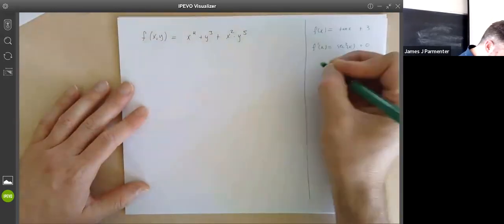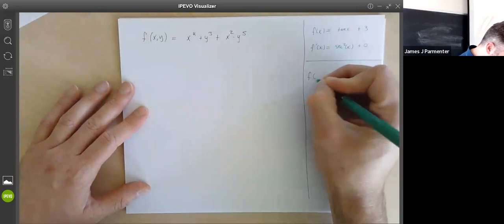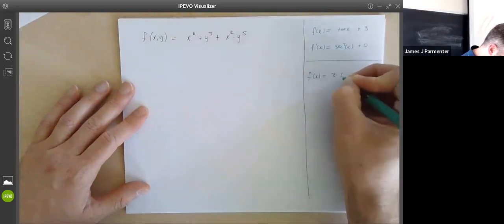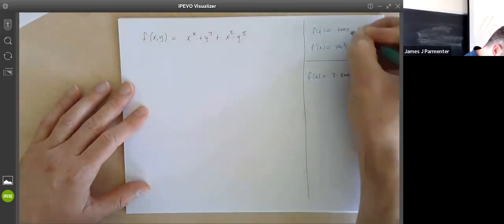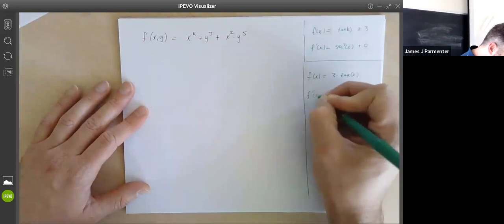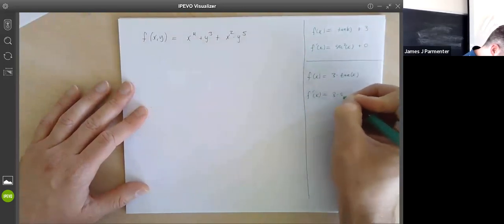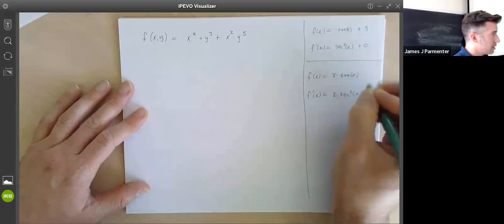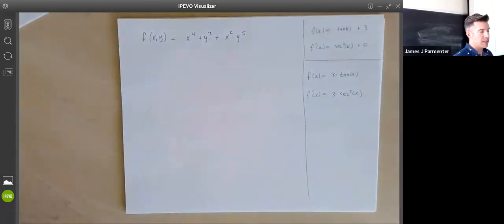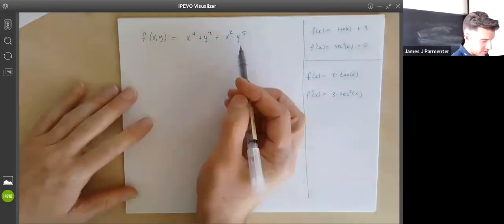On the other hand, if my function were 3 times tangent of x, the derivative would be 3 times secant squared of x, because constant multiples stick around. The derivative of a multiple times a function is the multiple times the derivative of the function. Remember that when we start taking the derivative of this stuff.